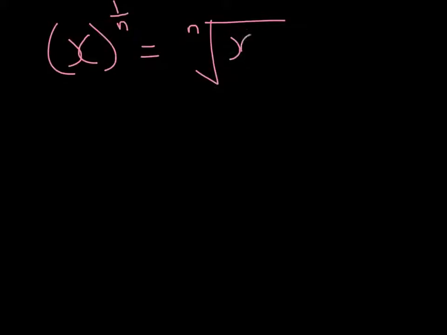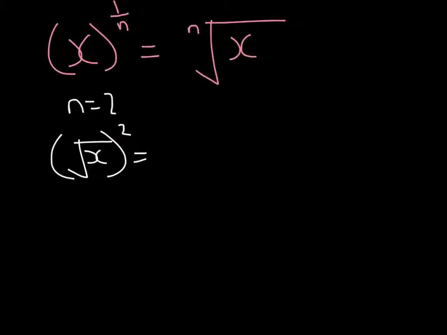That is that anything raised to the power of 1 over n is the same thing as taking the nth root of that number. We can make sense of this by looking at n equals 2 as an example. Remember that if we take the square root of x and we square that, then we end up with x.